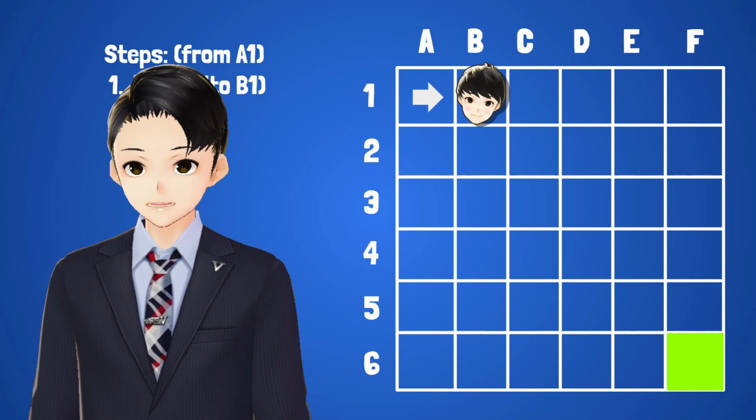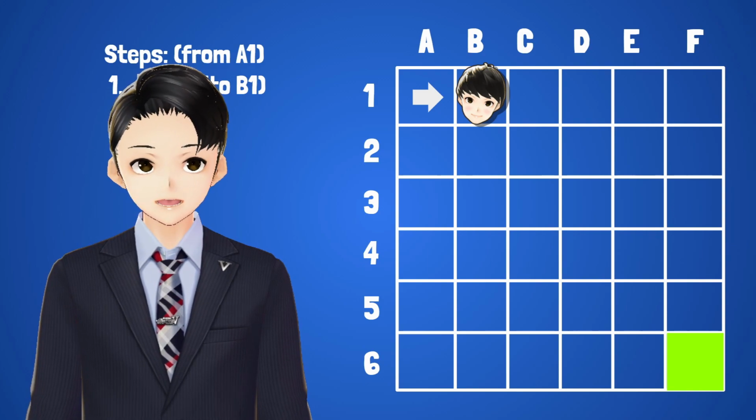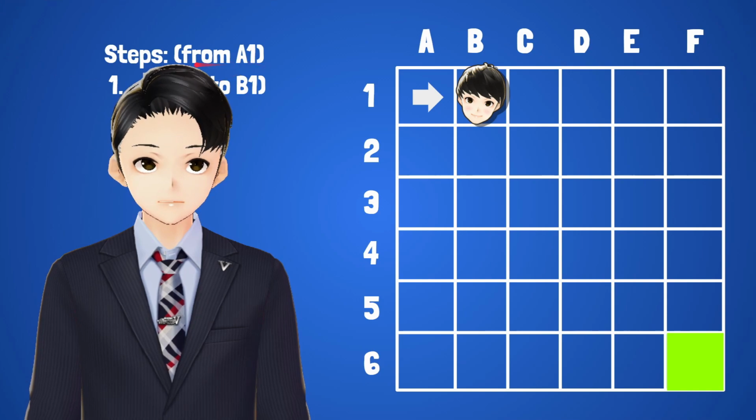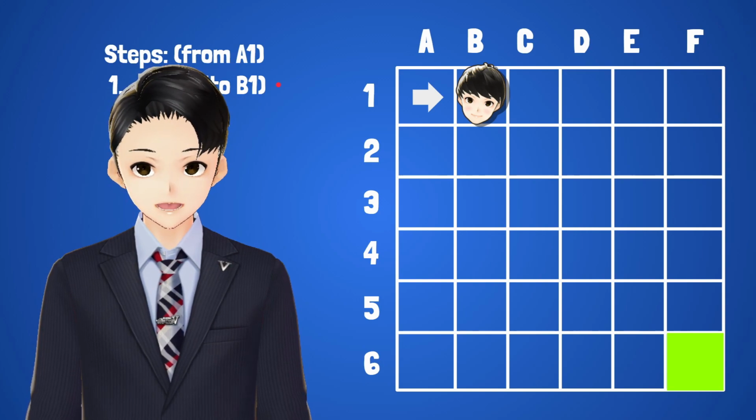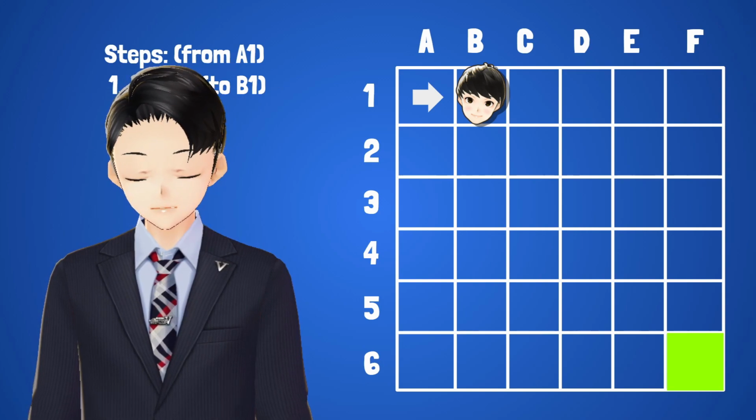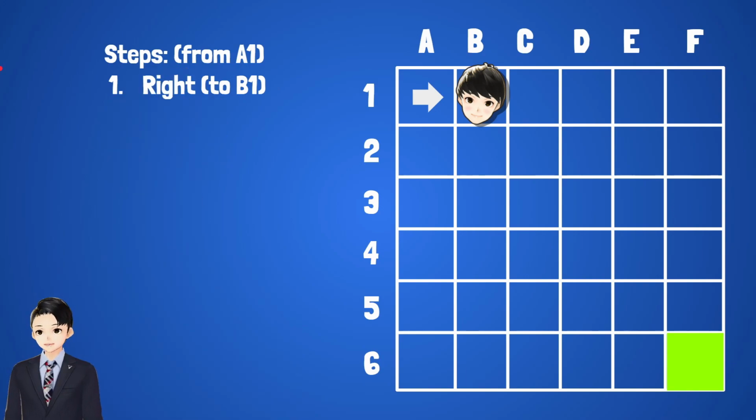He is moving right from A1 to B1. Let me go a little smaller here. Okay, I'm a lot smaller now. Let's go back to our lesson. So V is going from A1 to the right, to cell B1.